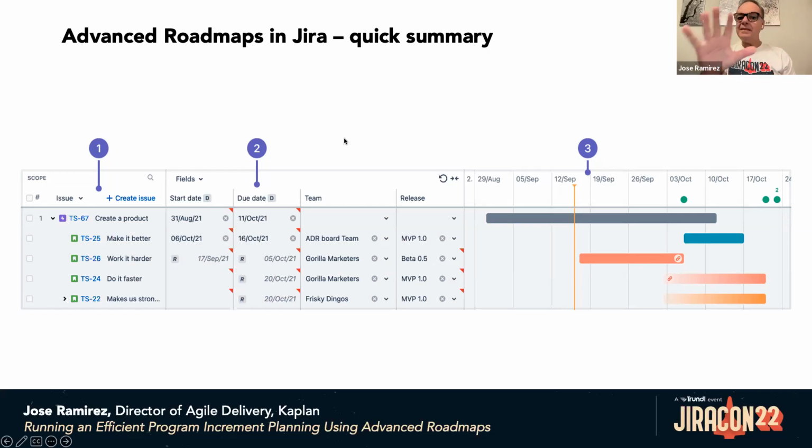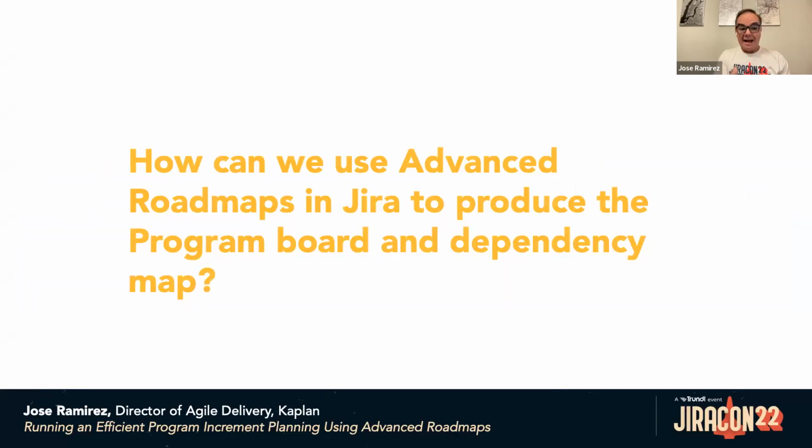All right, so based on this review of the capabilities and functionalities of Advanced Roadmap, I was pretty sure that it's totally possible to do the job. So the question now is not if we can use Advanced Roadmap, but how can we use Advanced Roadmap in Jira to produce the program board and the dependency map.